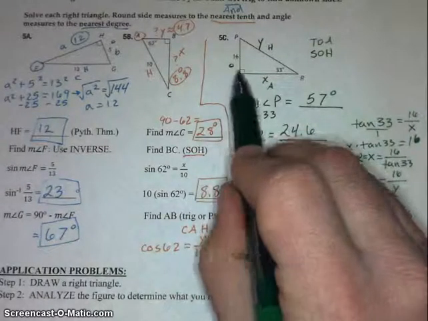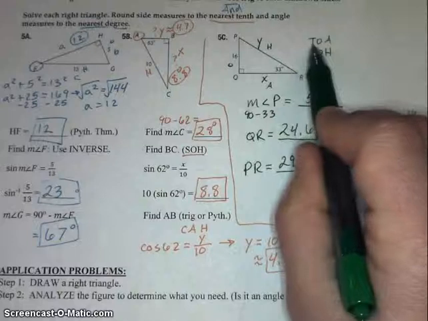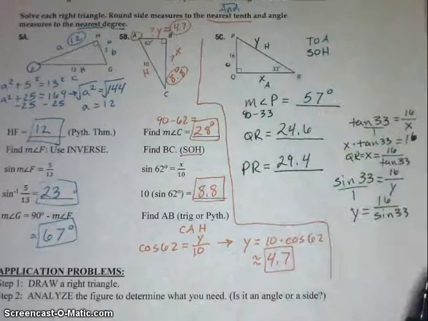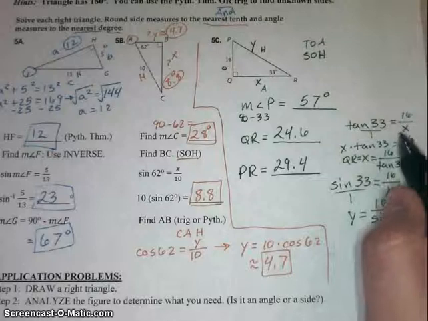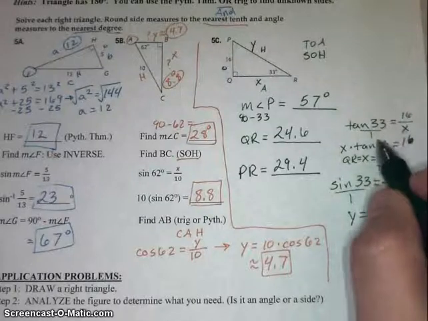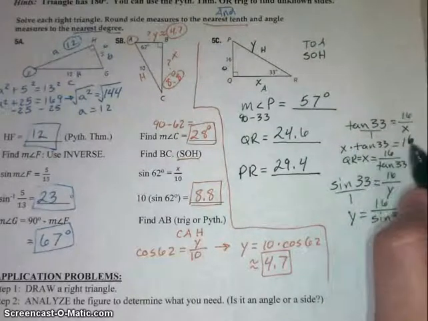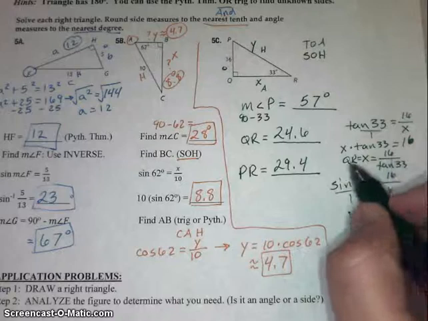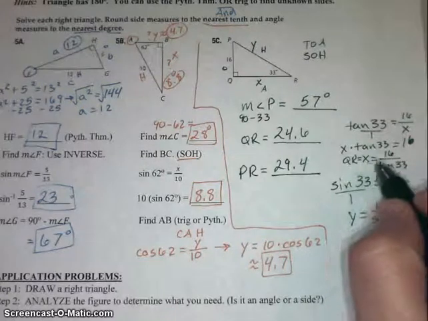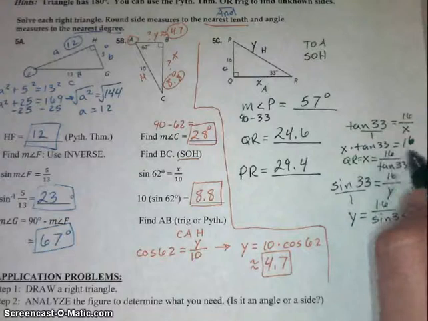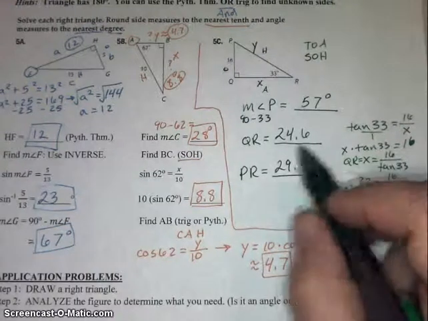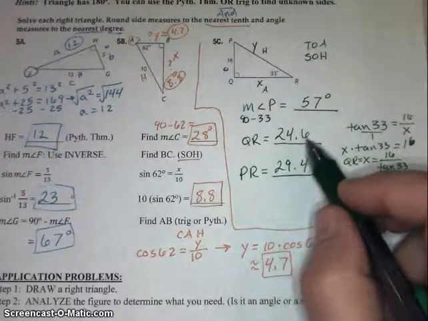So I have to use tangent because of TOA from SOHCAHTOA. So if I say tangent of 33 equals 16 over x, set that up as a proportion and cross multiply, x times tangent of 33 equals 16. So QR, or x, is equal to 16 divided by tangent of 33, which is approximately 24.6.